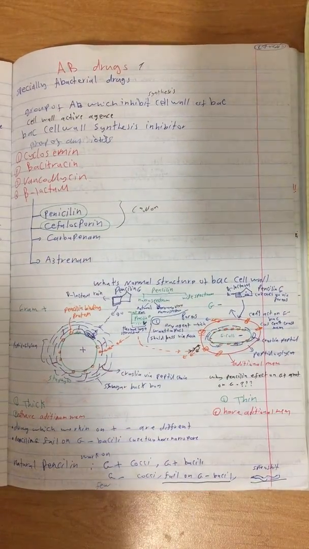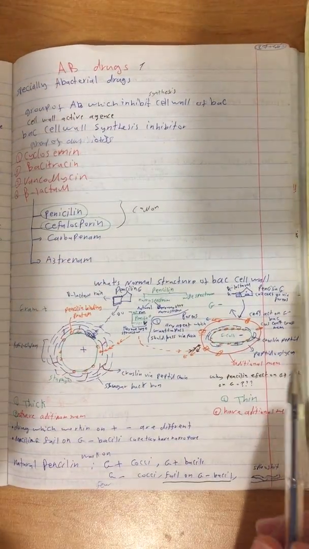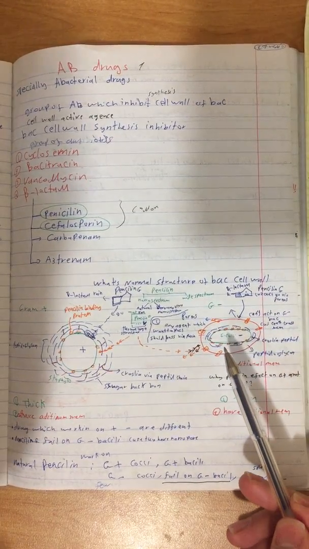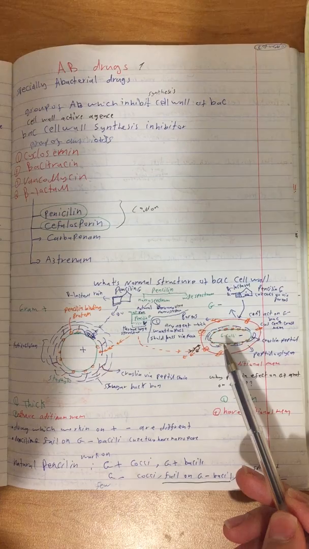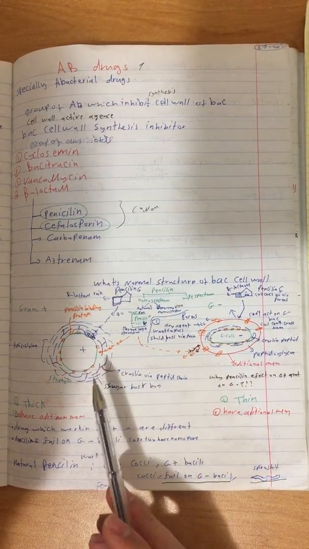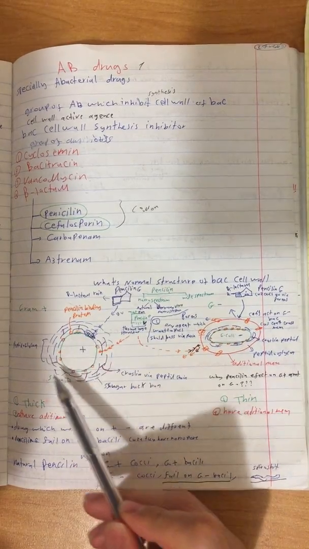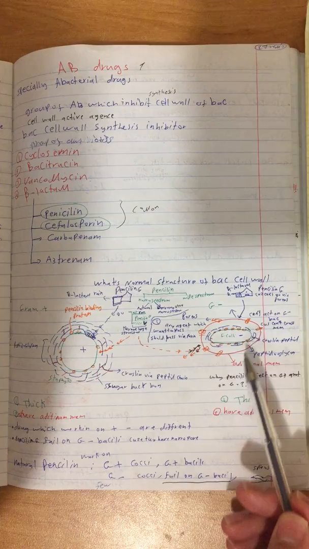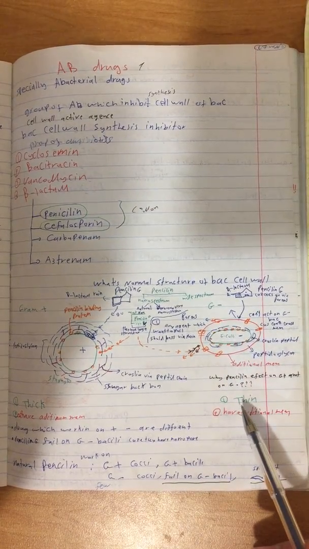So now we can explain what's the difference between gram negative bacteria and gram positive bacteria. In gram positive bacteria, as we see, the wall is thick, but in gram negative bacteria it is thin.